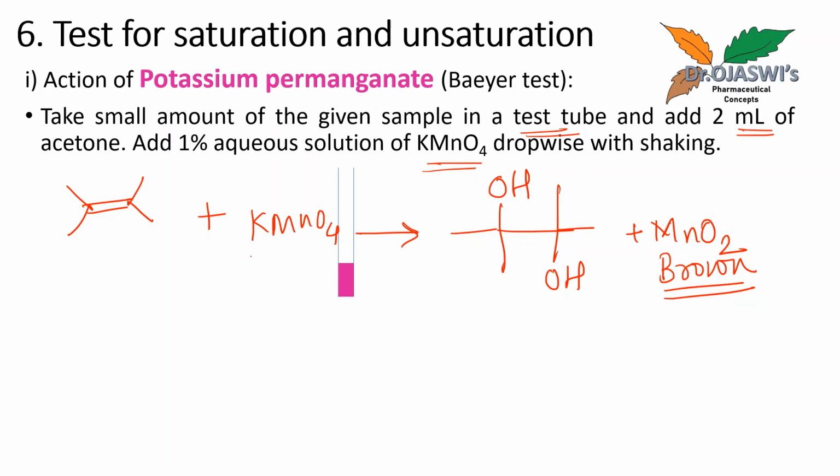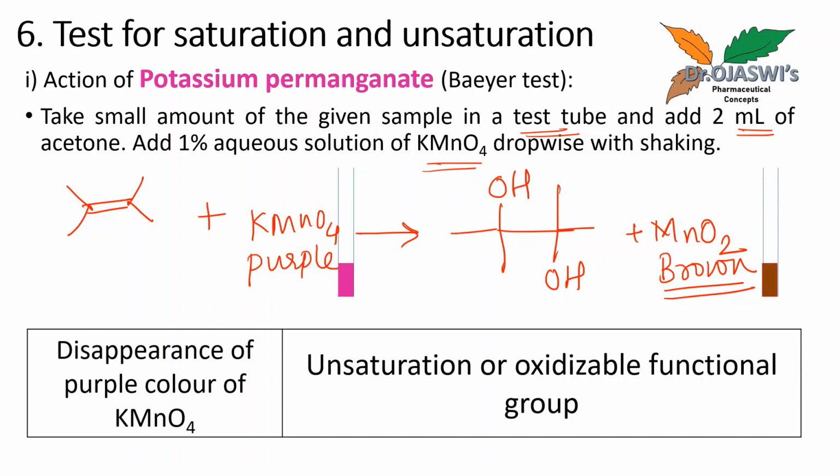The test tube turns from purple to brown in color. So the disappearance of the purple color of KMnO4 gives us the idea of unsaturation of the compound, meaning the compound has double bonds or some oxidizable functional group, and the brown color is because of the MnO2.